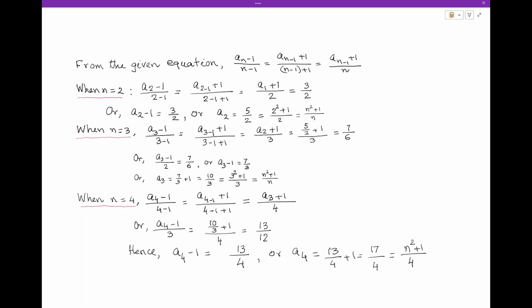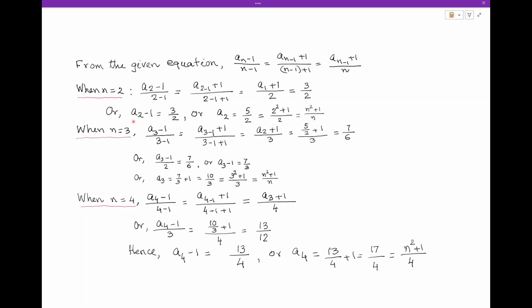So when n is equal to 2, we get (a subscript 2 minus 1) divided by (2 minus 1) is equal to (a subscript 2 minus 1 plus 1) divided by (2 minus 1 plus 1), and that is (a1 plus 1) divided by 2, and that is equal to 3 by 2, because a1 is given to be 2.